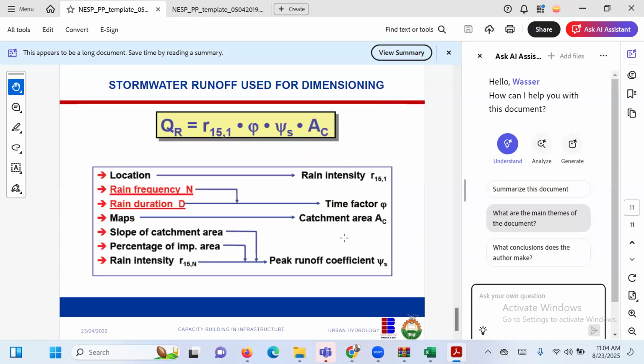So this is the formula for runoff. When we say runoff, runoff is simply the rainfall intensity multiplied by the runoff coefficient, multiplied by the time factor, and then multiplied by the surface area, or we call it the catchment area. However, the frequency and the duration have been captured by the time factor. So time factor takes the place of these two. Okay?